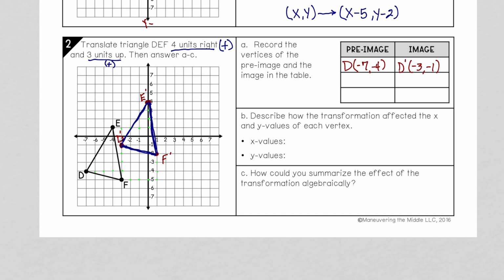Pre-image D: -7 on the X, -4 on the Y. Okay, so we're good there with those coordinates. Now the D prime should be at -3 on the X, -1 on the Y, and it is. So we're good there.